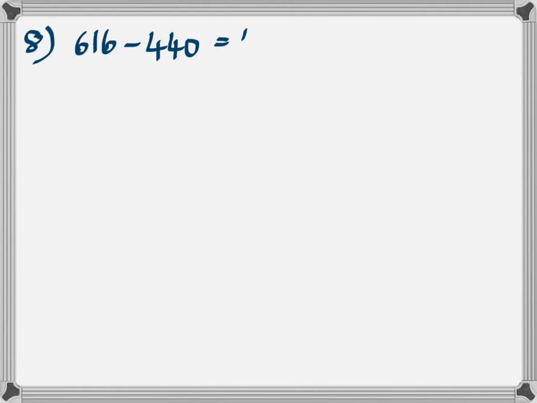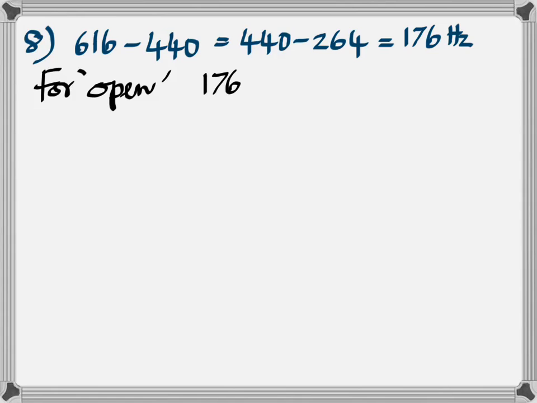All right, remember what we did yesterday? You take the difference between the two. So 616 minus 440, and then the difference between 440 and the other one. And you find that the difference is equal, so 176. Just look at this explanation. Don't copy. For an open pipe, be with me, please.